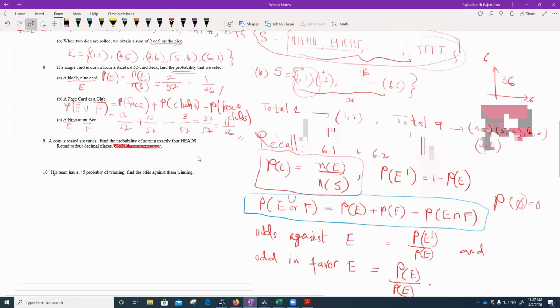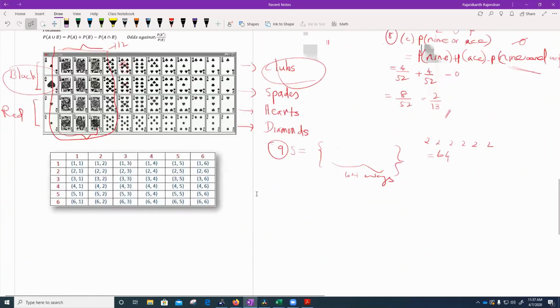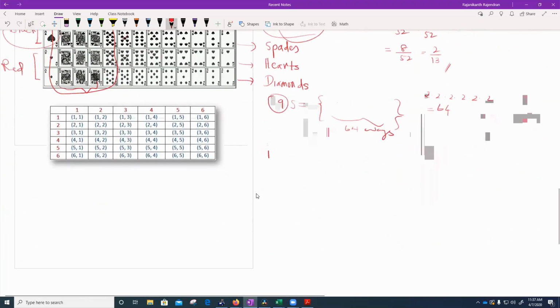But if you look at the problem, find the probability of getting exactly 4 heads. So the probability of exactly 4 heads, so 4 heads, right? This is my event E now.